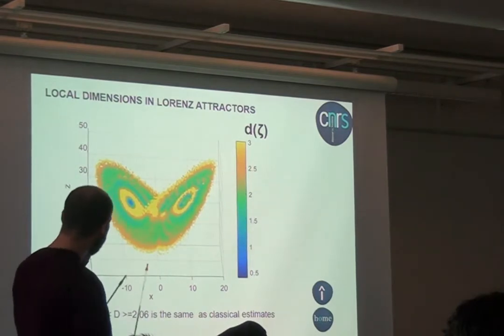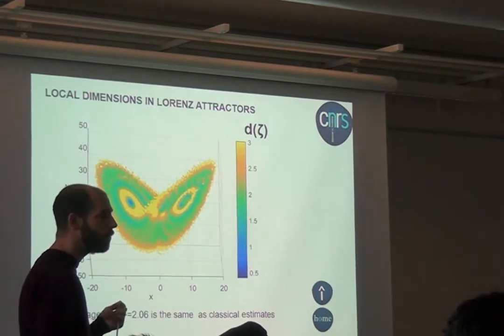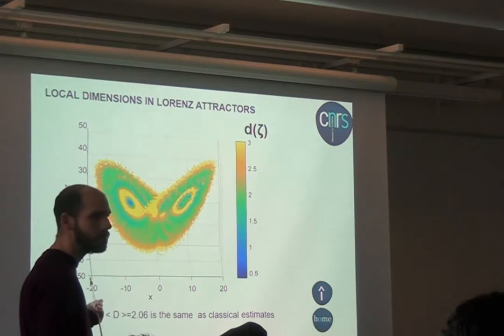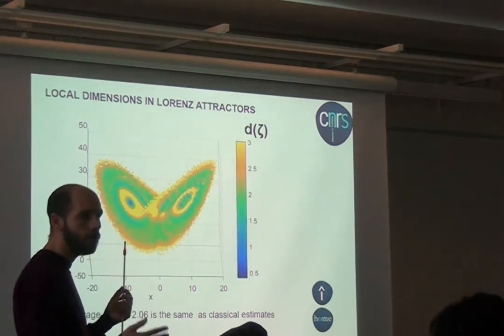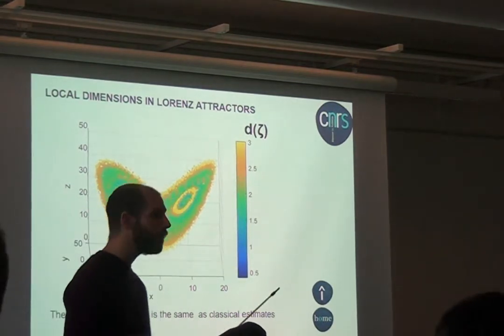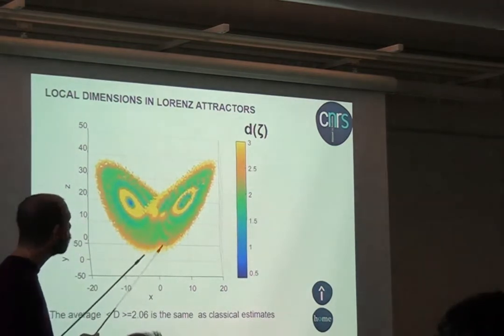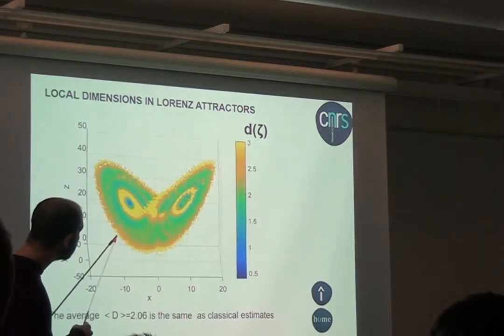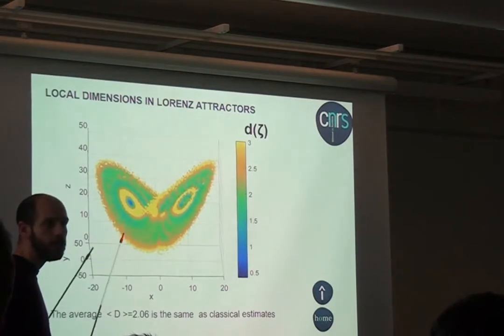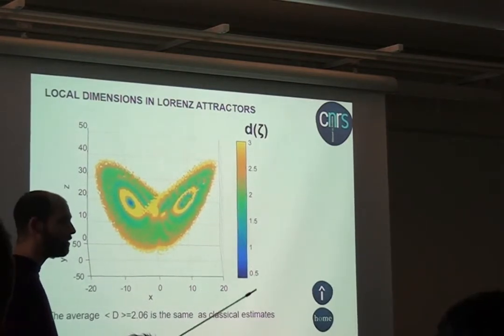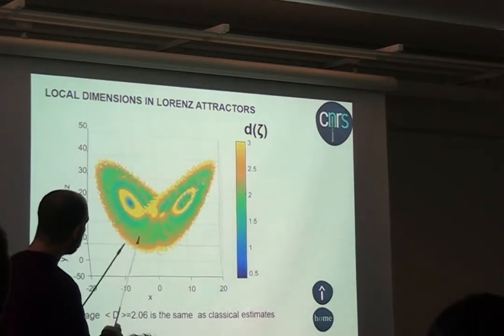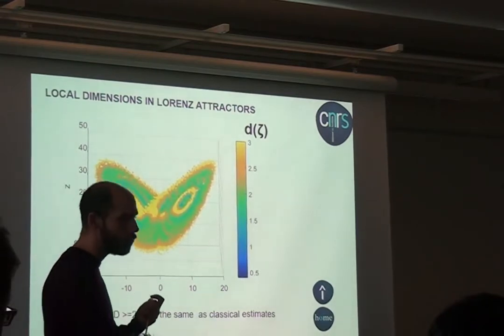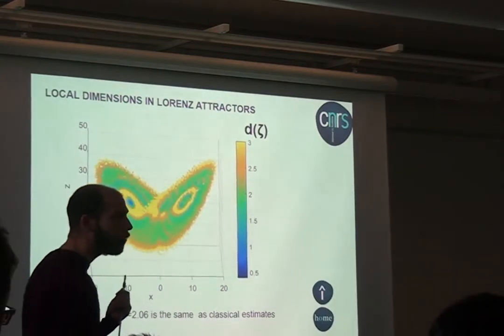So for the Lorenz attractor, I didn't see this study, because the theoretical studies are for one-dimensional or two-dimensional maps. But it depends on the trajectory you follow. My intuition is that you see a three-dimensional phase space, and then for an instant, you can go out here, and then you go back to the attractor.